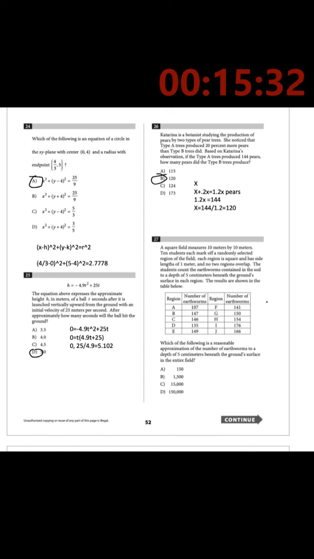So this counts for the smaller regions, which are 107 to 176. The entire field should be around 10,700 to 17,600. So for the given choices, the one that is most realistic is 1,500, which is C.